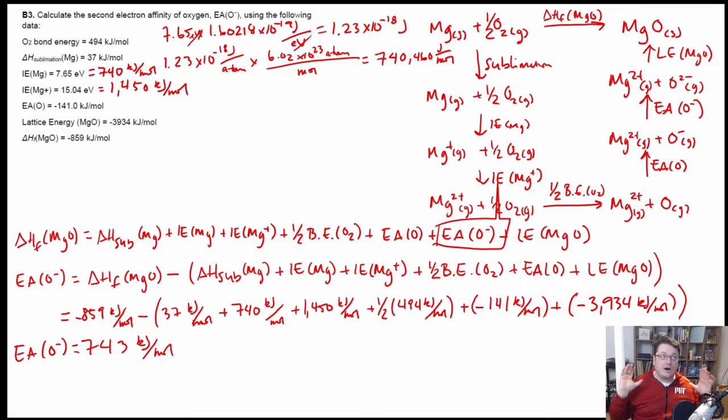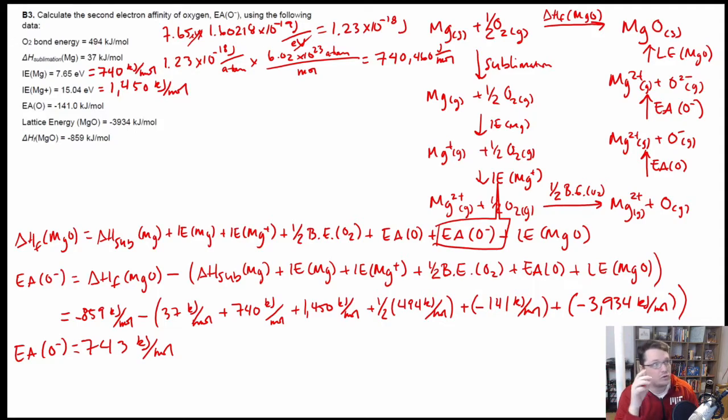So even though on its own forming O2 minus is not a favorable interaction, because if you were to add both electron affinities up, it still ends up being a positive 600 kilojoules per mole roughly, the process of stabilizing and forming that lattice overall negates that. It's the same thing with ionizing magnesium metal to magnesium 2 plus, and even subliming it.